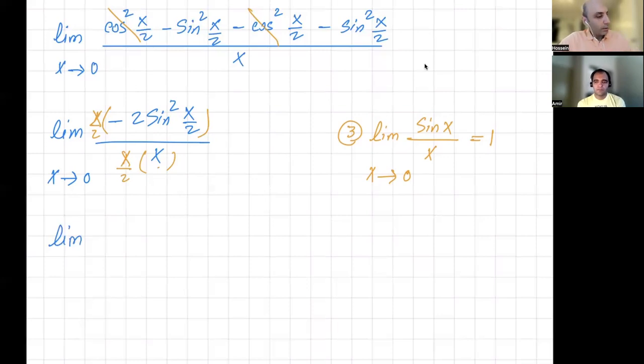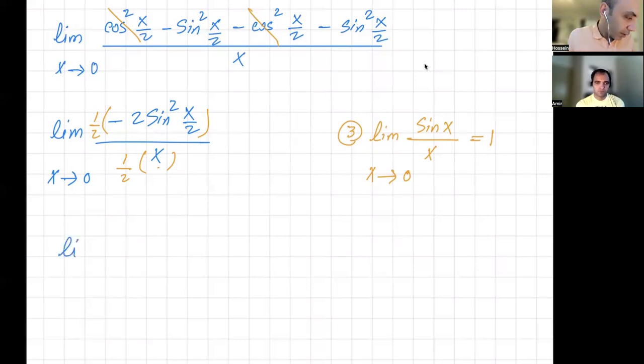I agree, it's less confusing. You can delete those x's. You can keep 1/2 there. So just use 2 sine x over 2, instead of the squared one. So I'm going to multiply both numerator and denominator by 1/2.